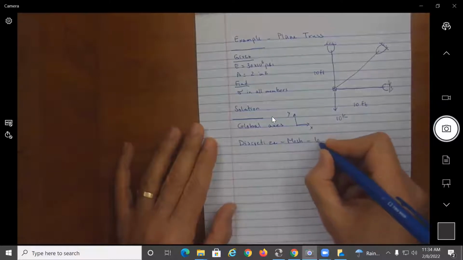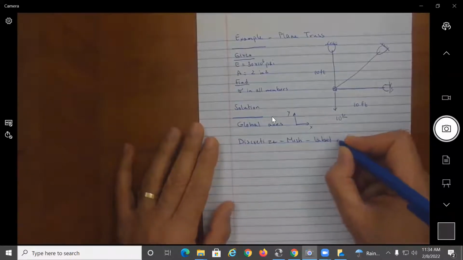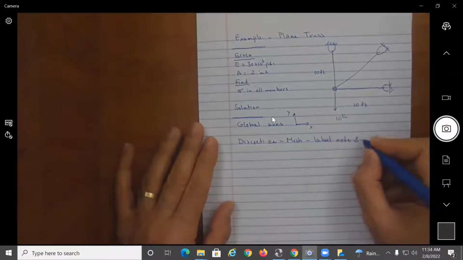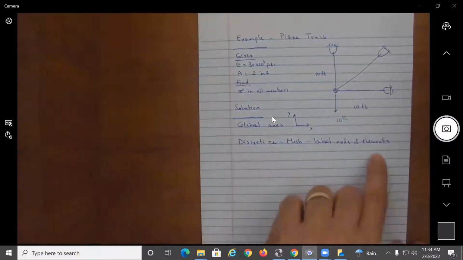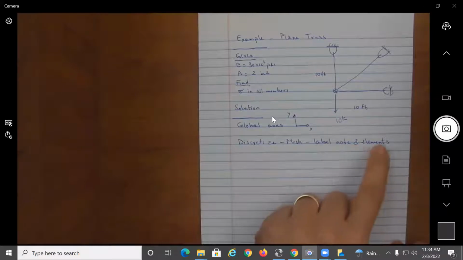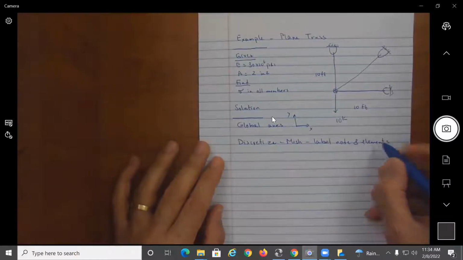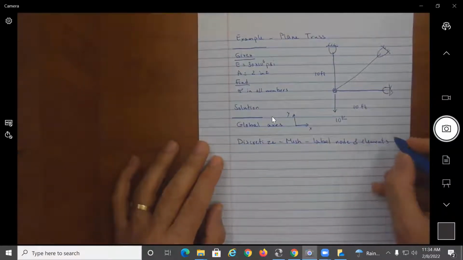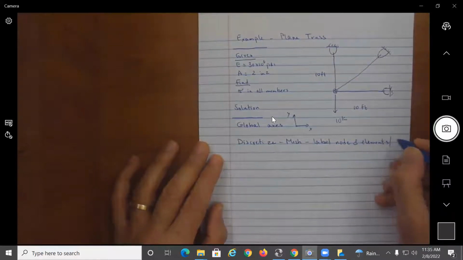So I want to label the nodes and elements. And when it comes to elements, I also care about the local axis for each element. Elements slash local axis.